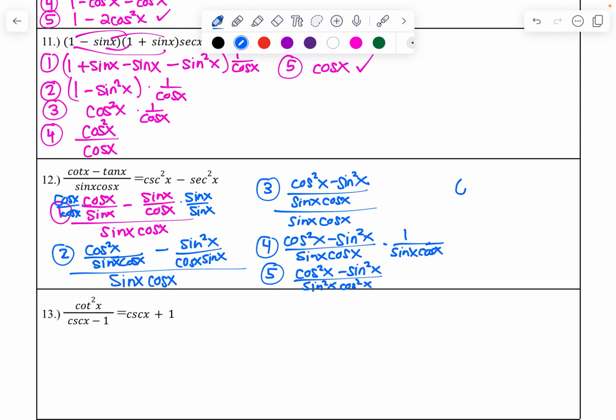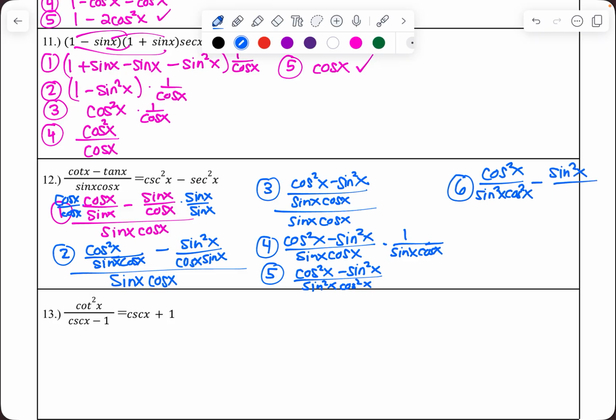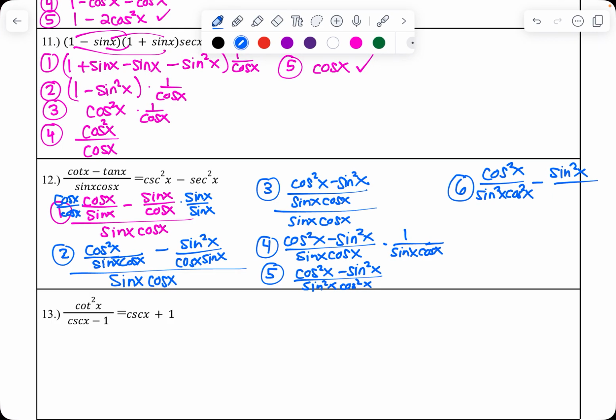And so if we individually divide then, cosine squared x over sine squared x cosine squared x minus sine squared x over sine squared x cosine squared x. So in that first fraction, the cosines divide out and you've got 1 over sine squared x.